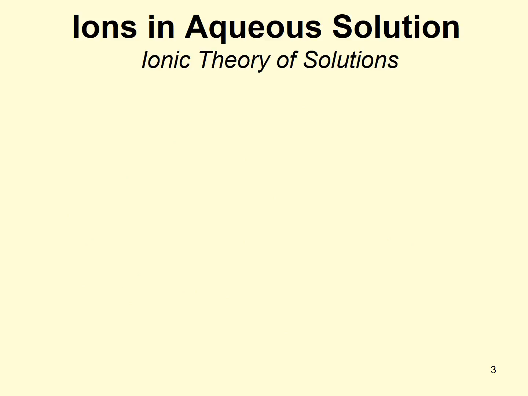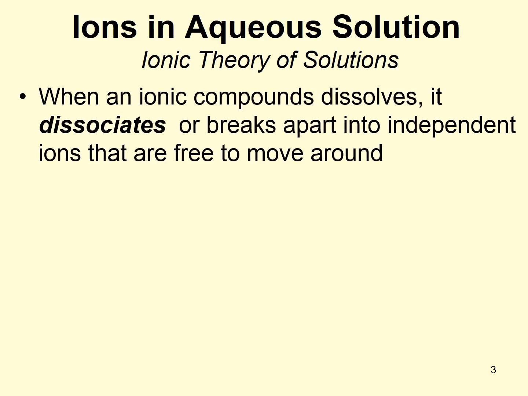Okay, so the ionic theory of solutions. I think there are a lot of misunderstandings about what's happening when things dissolve in water, regardless of whether there are ions or not. But let's specifically look at ions. So what happens when you have an ionic compound that dissolves? It actually breaks apart into the different ions that are then free to move around.